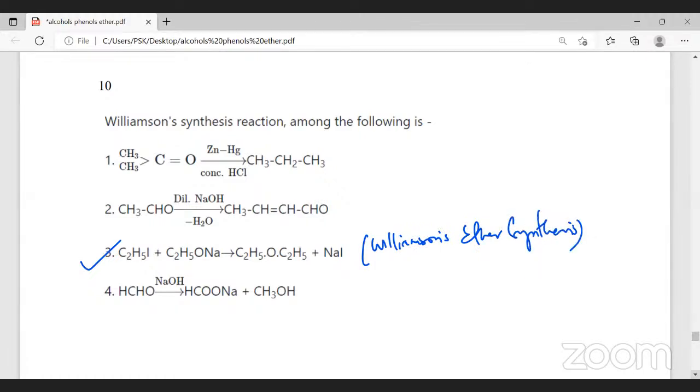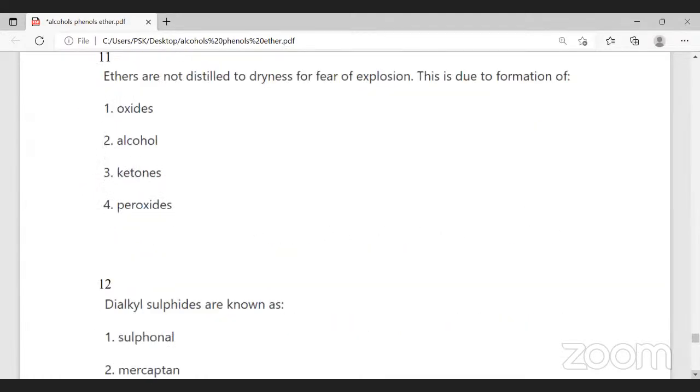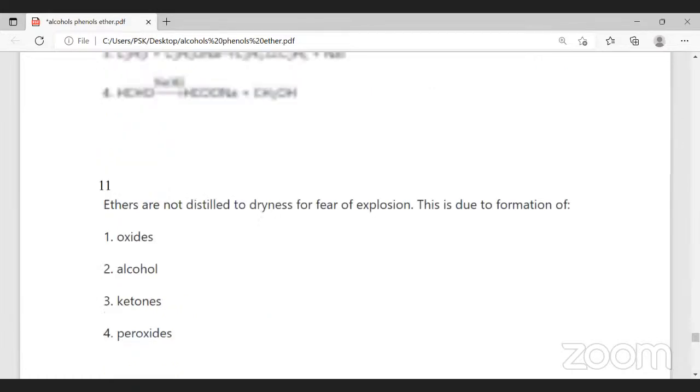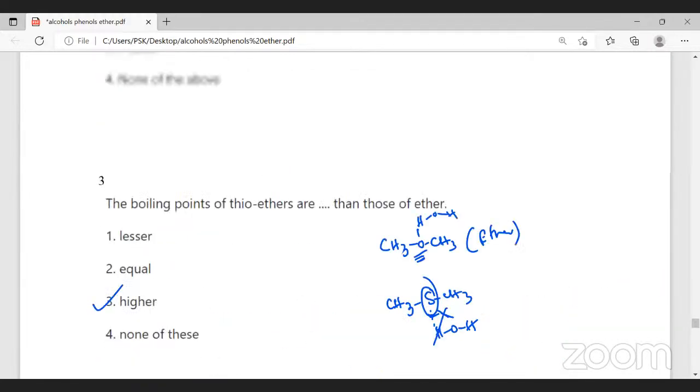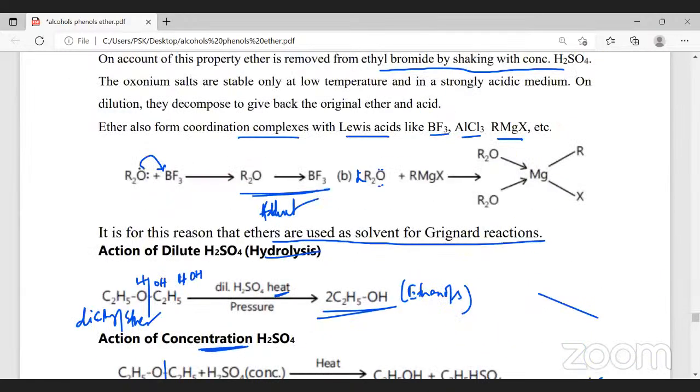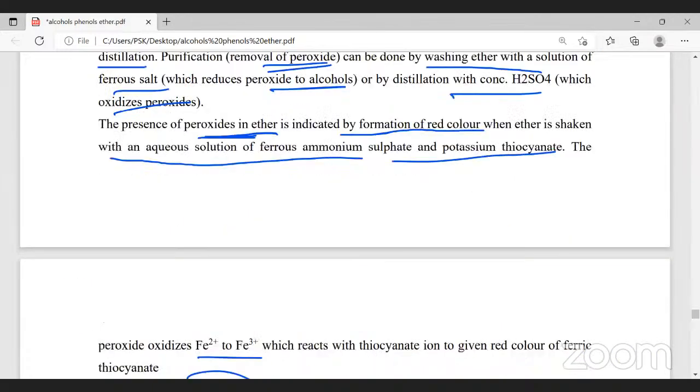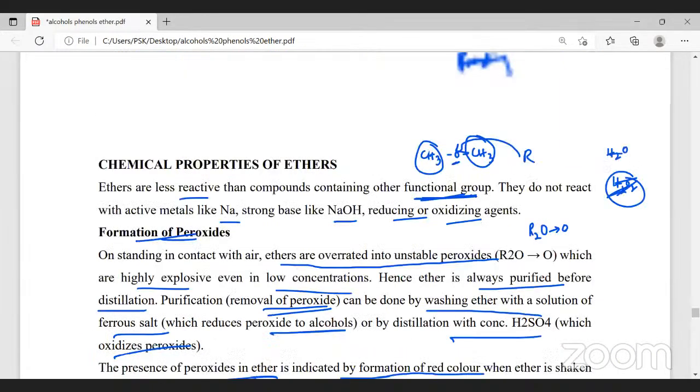All right, option C. In the 11th question, ethers are not distilled to dryness for fear of explosion. This is due to the formation of oxides, alcohols, ethers, or peroxides. Give me the answer. I taught you this today in the theory class.